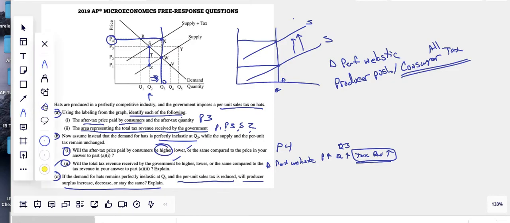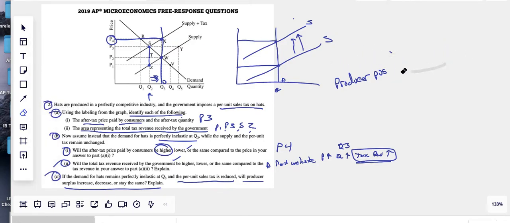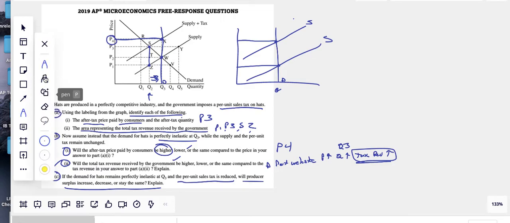So let me see if I can take a shot at this one. It's a bit tricky because we need to show some things moving here. All right. So right now, what we can know by looking at this is that all of this area right here is the amount of tax that's being paid by the consumer.